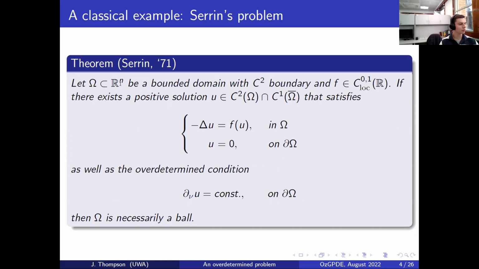And then if we have a positive solution u, which satisfies this semi-linear equation, as well as having constant Neumann derivative on the boundary, then omega is a ball.